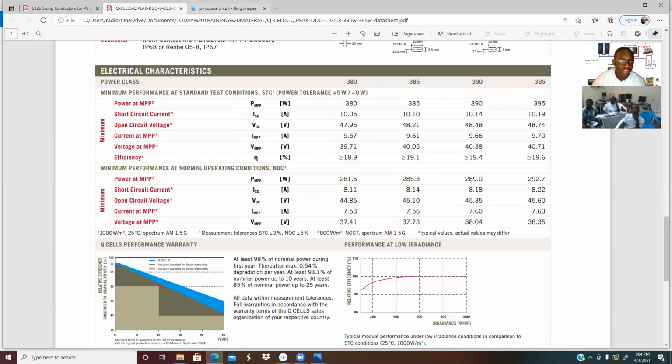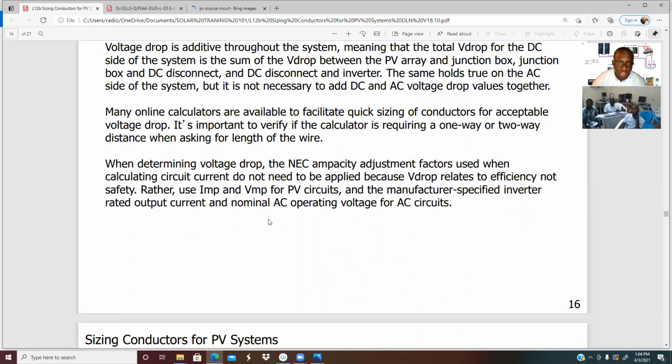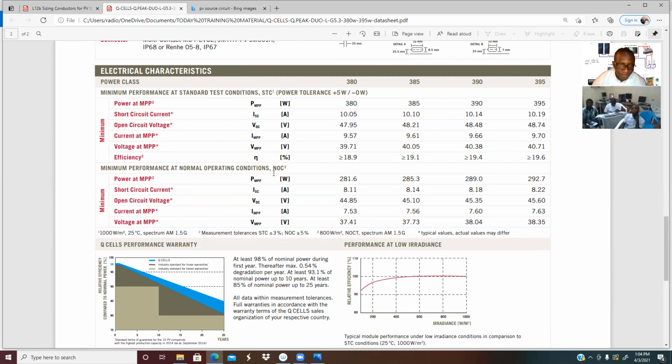And we can also use the Vmp, which is 39.71. Yes, 39.71. All right, there you go.